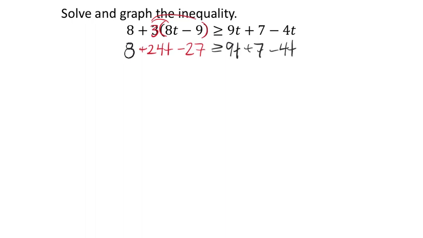I've got 8 plus 24t minus 27 is greater than or equal to 9t plus 7 minus 4t. And I'm ready now to combine like terms again. I have 8 minus 27, which in my calculator would show negative 19. I can drop my positive 24t's. And again, none of this stuff is going to affect my inequality.